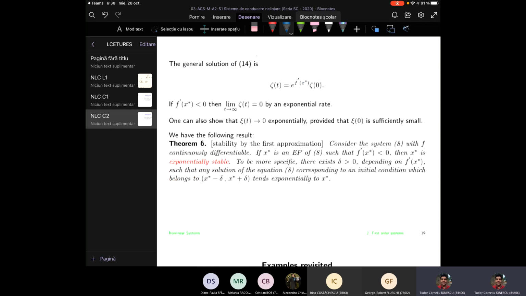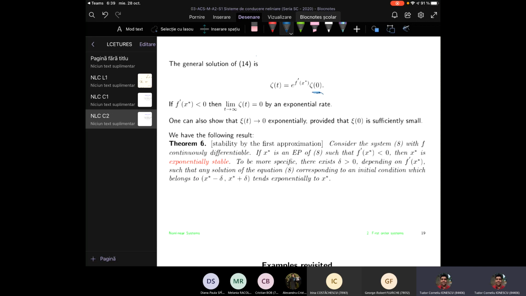Okay. The general solution of such a system is this one. We know this from first order systems, it is e to the power f prime of x star times t, times the initial condition of zeta. This is zeta. Okay.